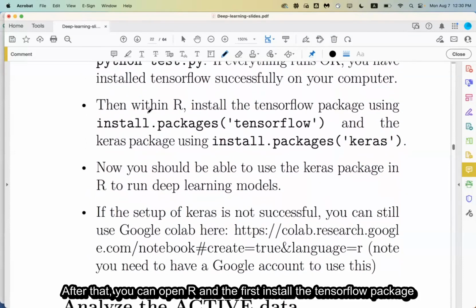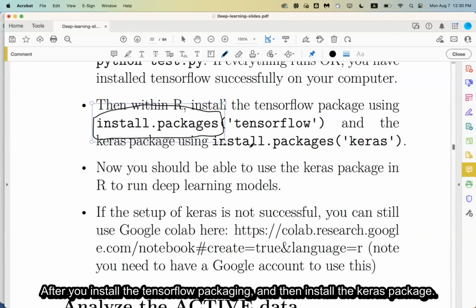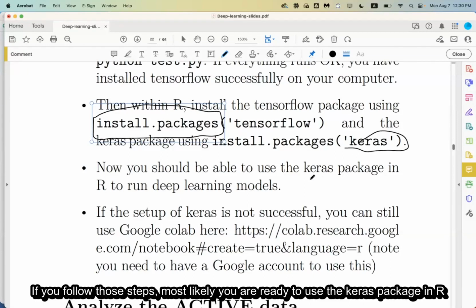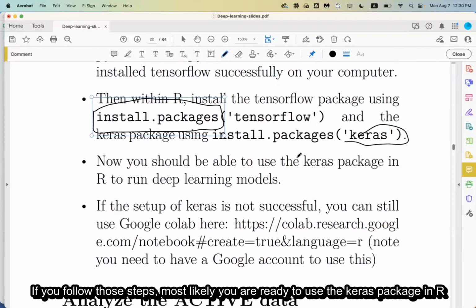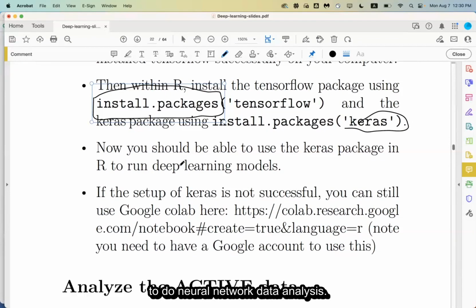After that, you can open R and first install the TensorFlow package using the install.packages function. After you install the TensorFlow package, then install the keras package. If you follow those steps, most likely you are ready to use the keras package in R to do neural network data analysis.